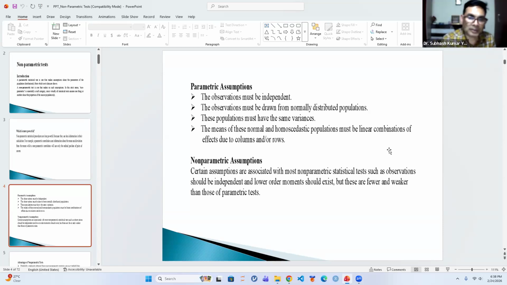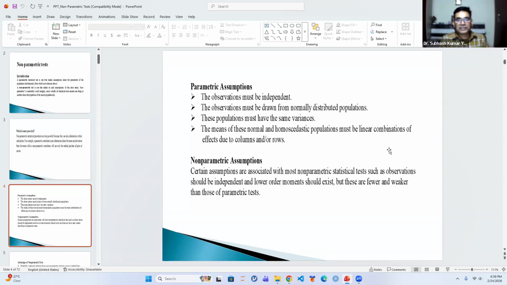That is, the parent population should be normally distributed, and these populations must have the same variance. This is one of the assumptions. While applying the t-test, you would have seen that the Levene's test is there to test whether the equality of variance in the two groups is there or not. Or for the ANOVA, we use the Mauchly's sphericity test to check whether the variance for all the groups are the same or not.